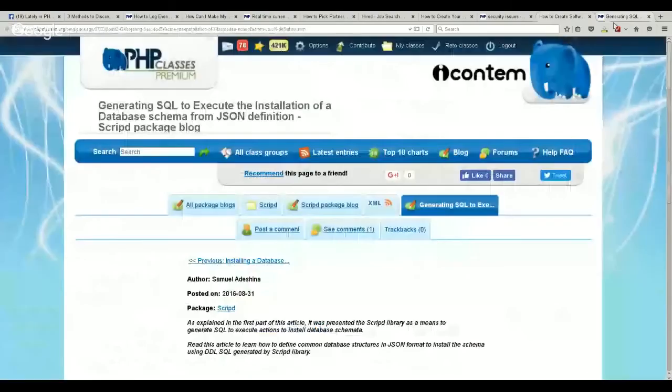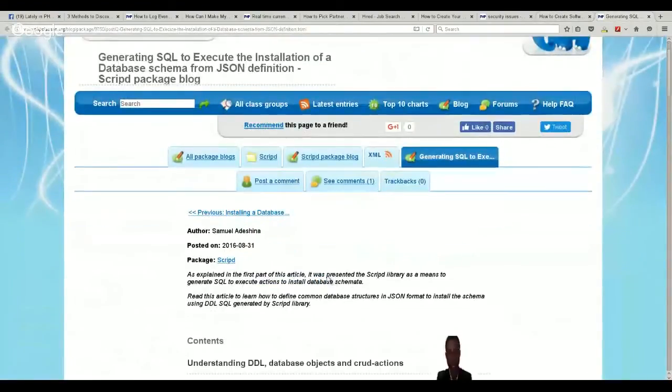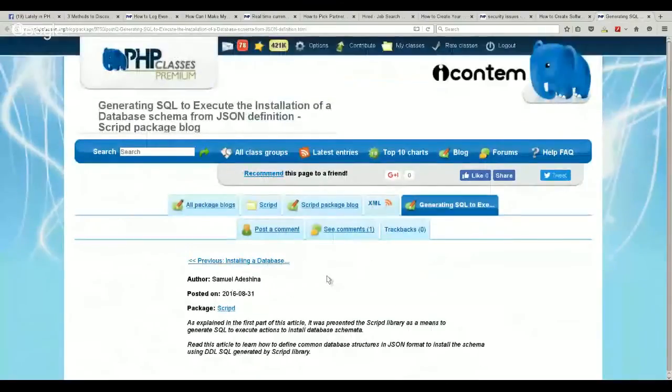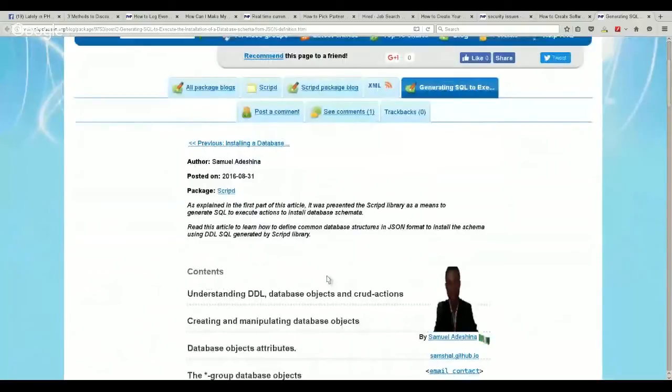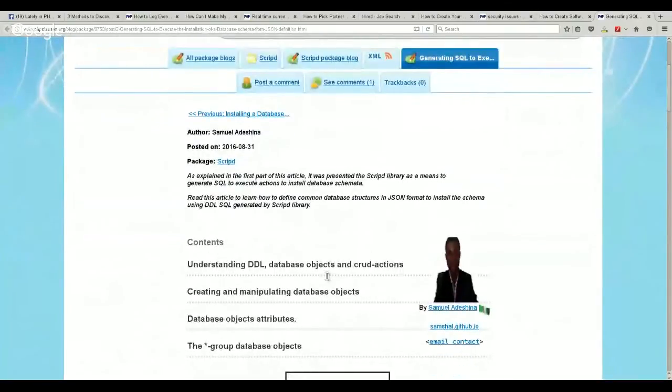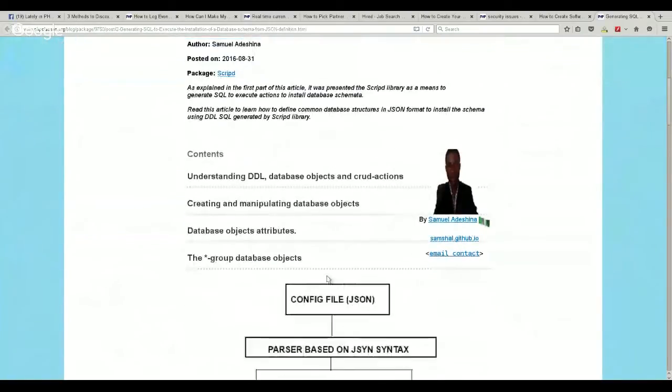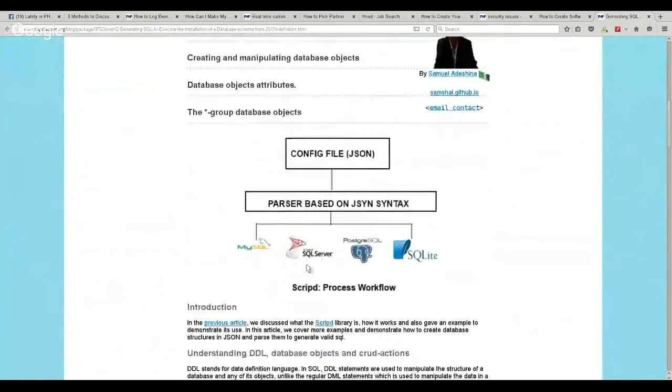Anyway, the last article that we're going to comment on is the second part of an article about a package for installing a database schema from a definition in JSON format.